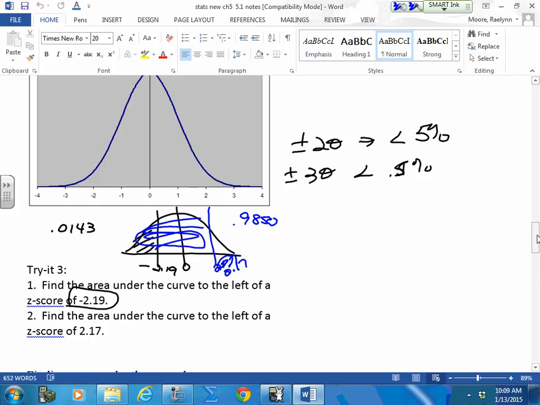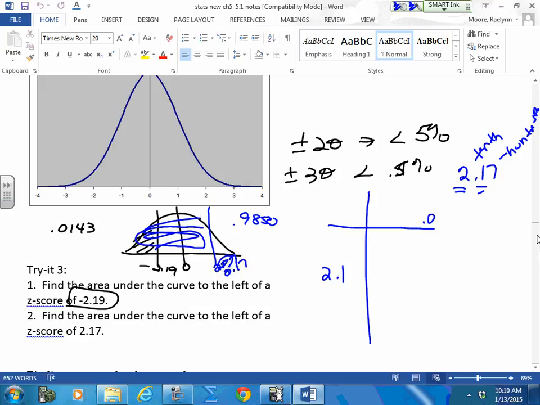Okay, so your table looks like this. Here's your number. This is the ones, this is the tenths, this is the hundredths. Right here is the 2.1. Across the top is the 0.07. That's the hundredths. So when I add this together, that's my 2.17.